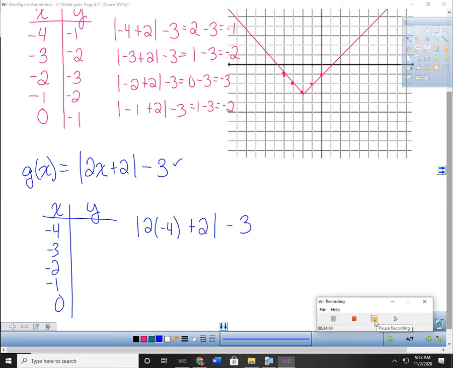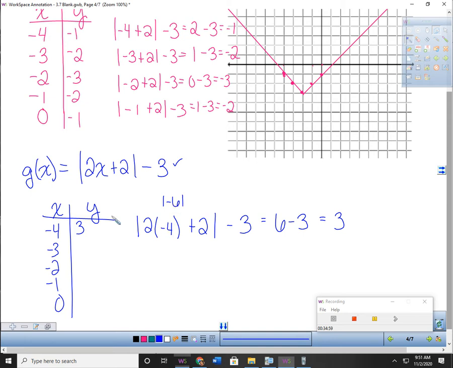So if you plug this in your calculator, you can't plug in the absolute value, but you can plug in this number, you get negative 6. Then just take the absolute value of that number. You get 6 minus 3 gives you 3. And here's the thing, if it gives you a negative 6 in the calculator, you already know that it's going to be positive 6, right? So just give it a little thought.